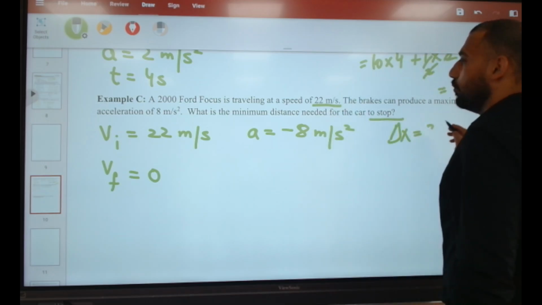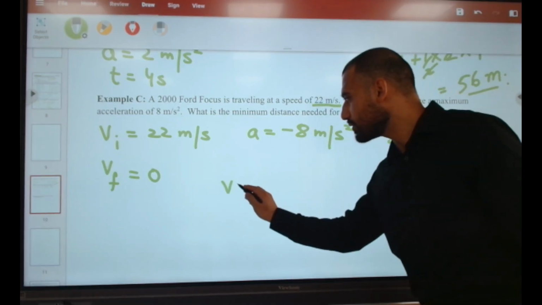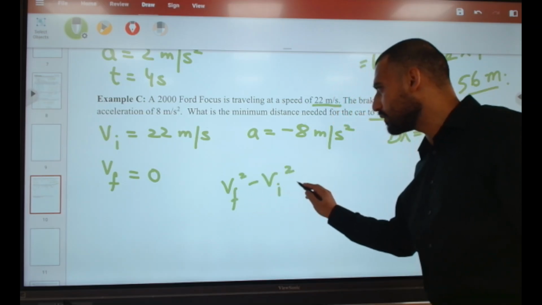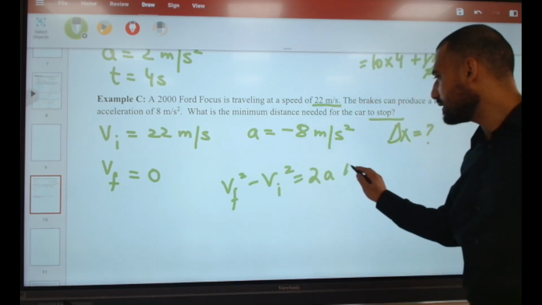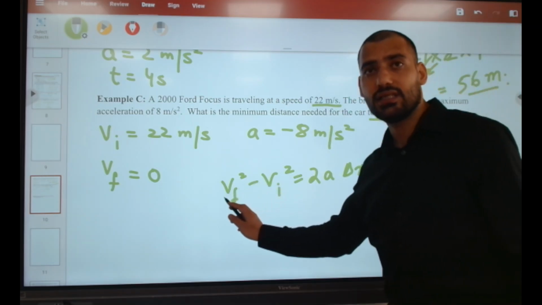Now tell me what we don't have. We don't have time. Do you know the equation without it? Yes, Vf squared. Exactly, we have this equation: Vf squared minus V initial squared is equal to 2 times acceleration times delta x. Is that clear? What is the final velocity? 0.